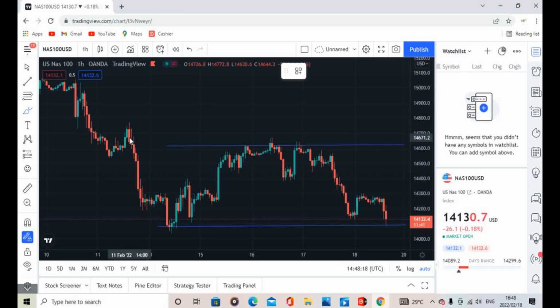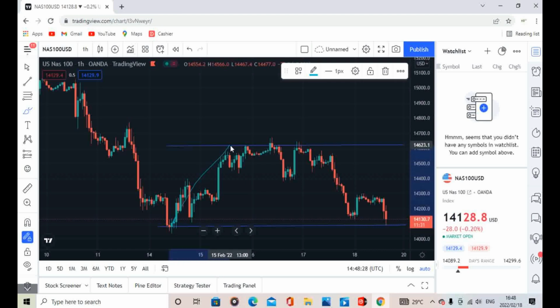As you can see, the market went up. I'm going to focus on the bigger level of resistance right now. The market went up, and then it came around here, and then went down, and then here is another support level, which right now I'm not going to talk about.